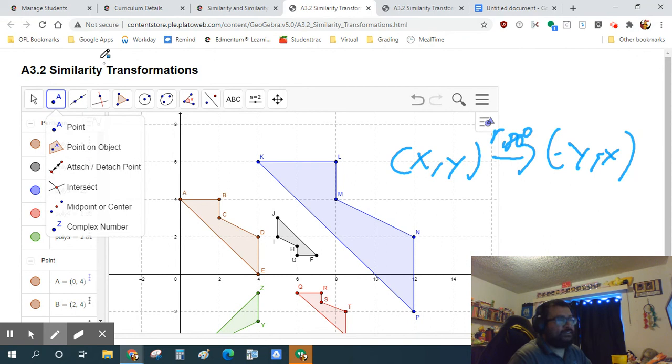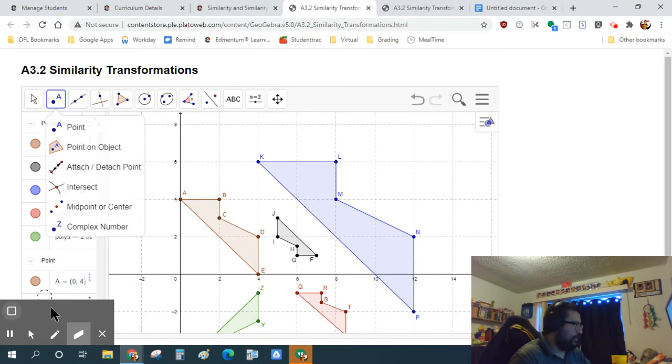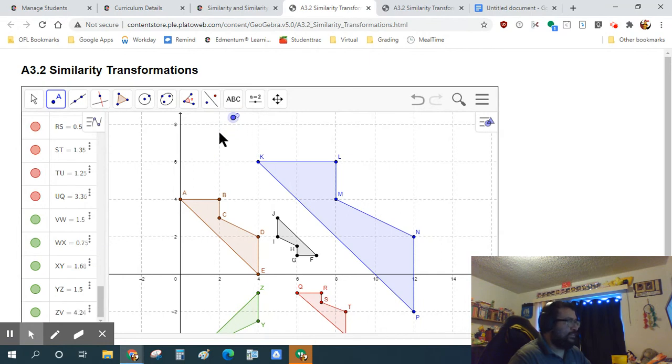So let's do that. Give me a second here while I start rotating this just to get this going.